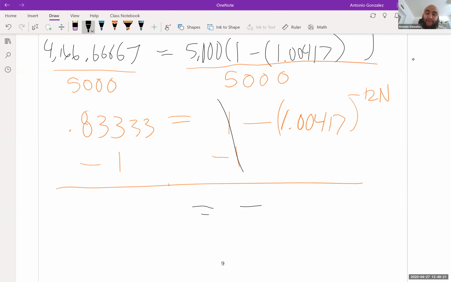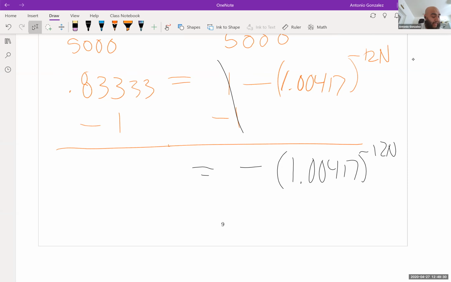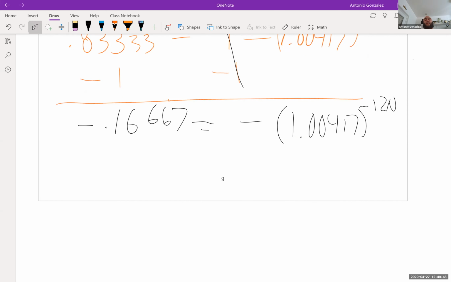So on the right side, I'm left with negative 1.00417 raised to the negative 12. And on this side, I'll have 0.83333 minus 1, so we're going to be left with negative 0.1667. Okay, all right. Any questions so far?